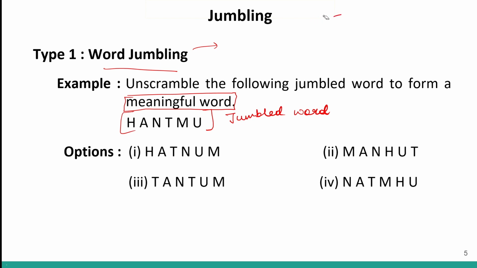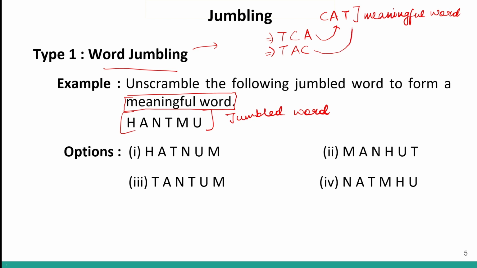We have a word cat, the correct, meaningful word. Now, if I write it something like this, or something like this, and I ask you to give me a meaningful word that uses all these alphabets, I can unscramble both of these and make cat, which is a meaningful word.